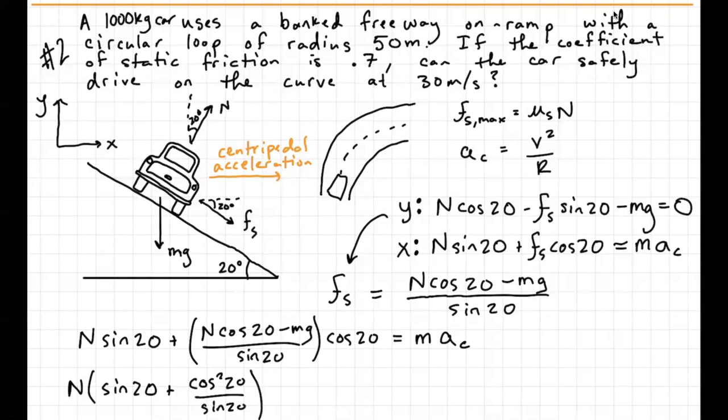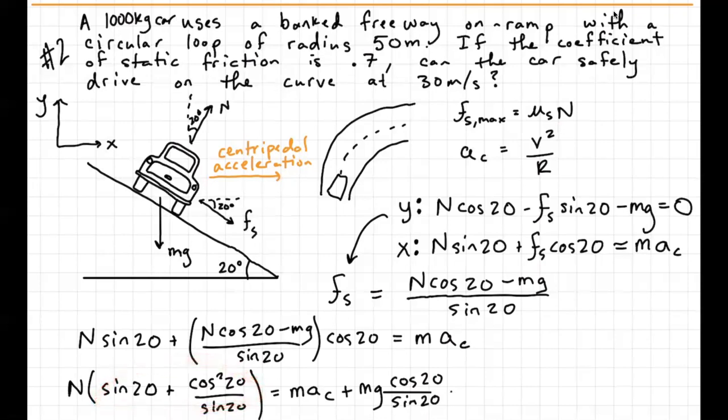And then if I group terms on the other side, m a_c plus mg cos 20 over sine 20. And now I can divide by this thing and solve for n.